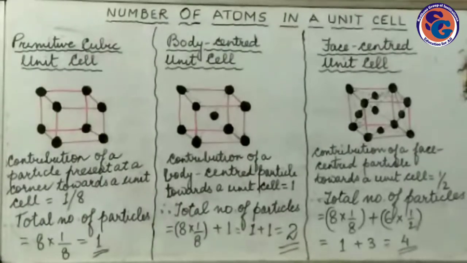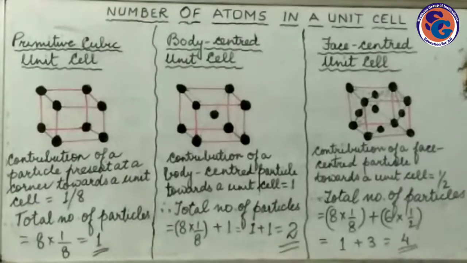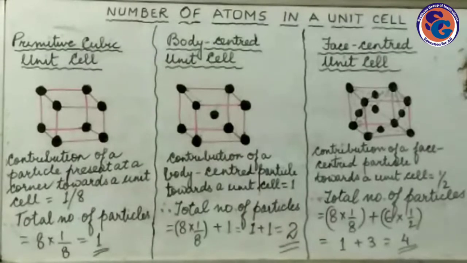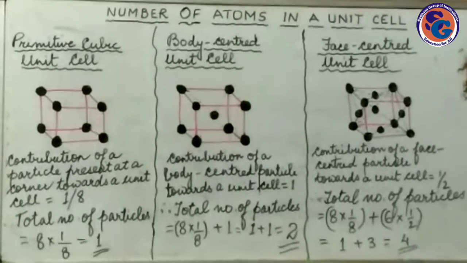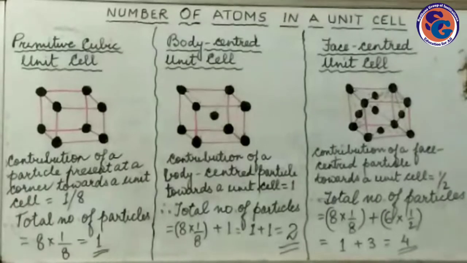Now we move to body-centered unit cell. In a body-centered unit cell, the particles are present at the corners of the unit cell, and in addition to that, there is one particle which is present in the body, that means in the middle of the unit cell.